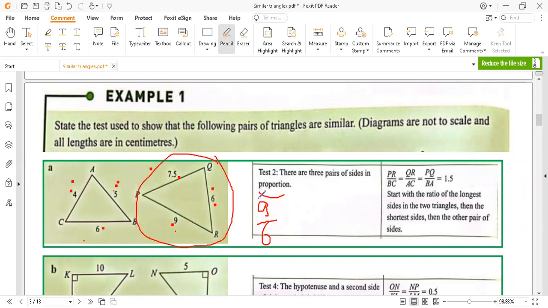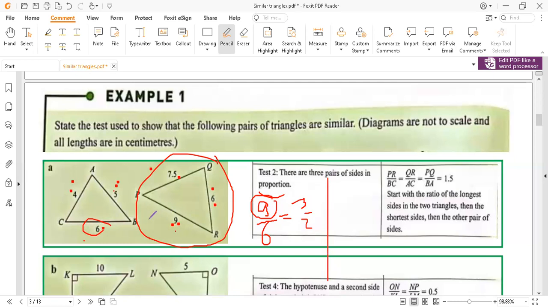If we start with this triangle, we put the lengths of the sides of this triangle in the numerator and the other in the denominator, and vice versa. 9/6 is equal to 3/2.